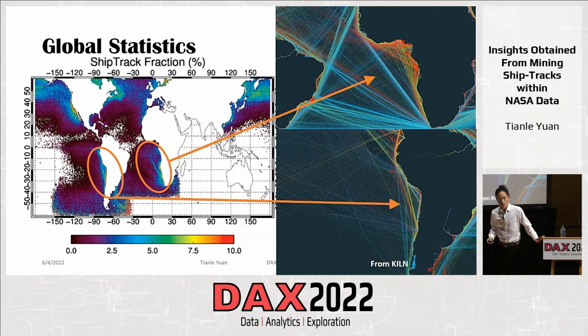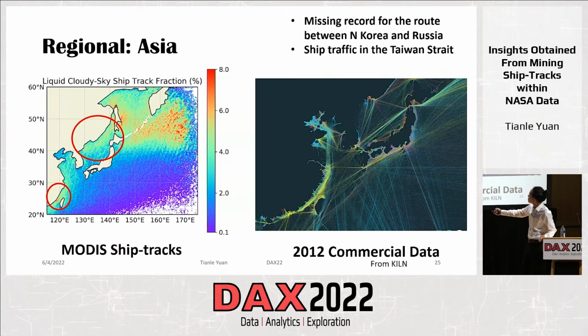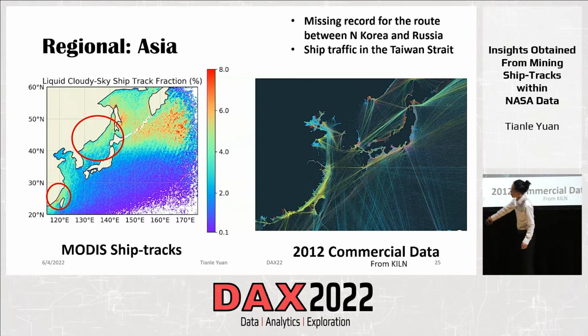And sometimes we find surprises too. This is using nighttime data. Looking at East Asia, this is AIS data, and this is the detected ship tracks using nighttime satellite data. For example, in the strait, it's a nice match.